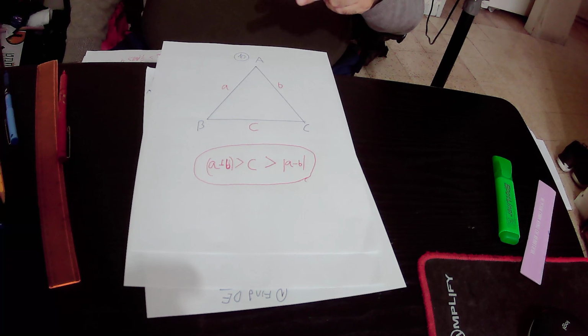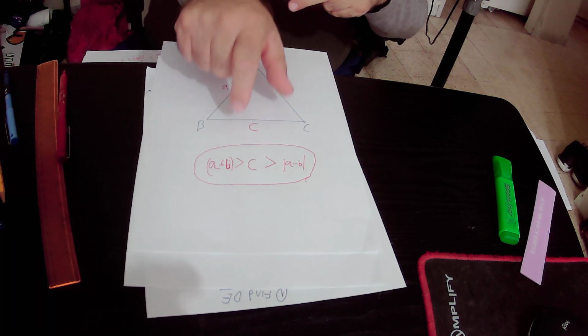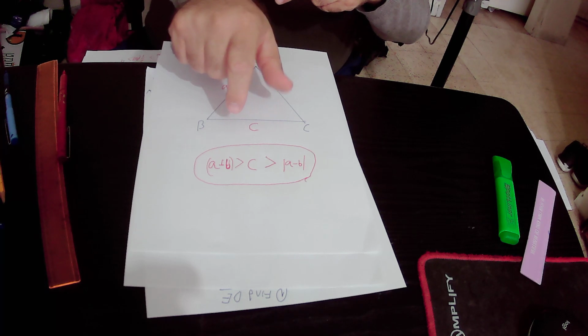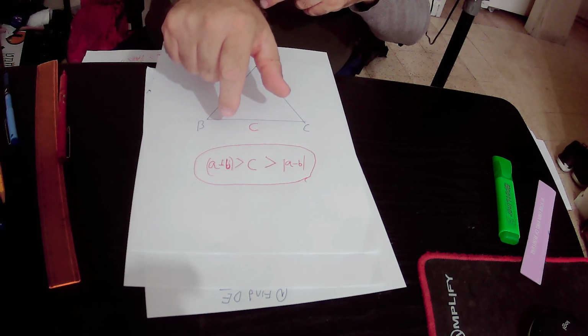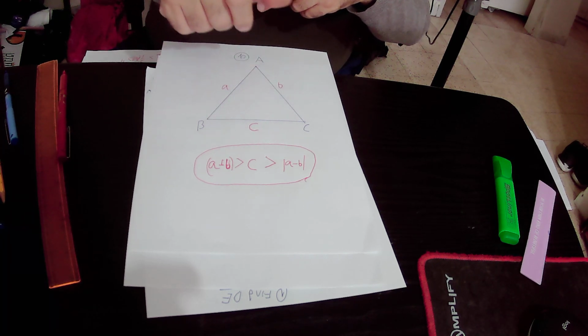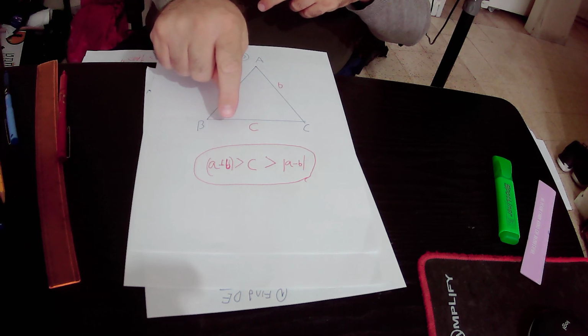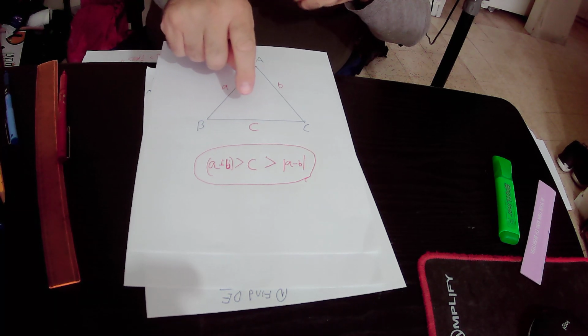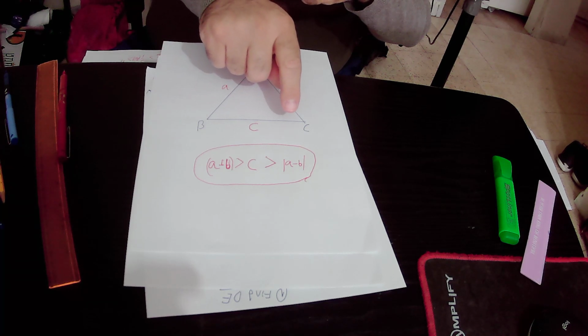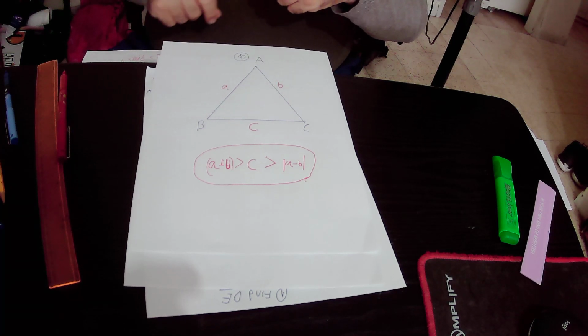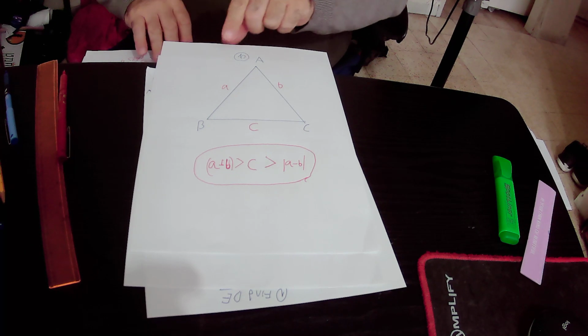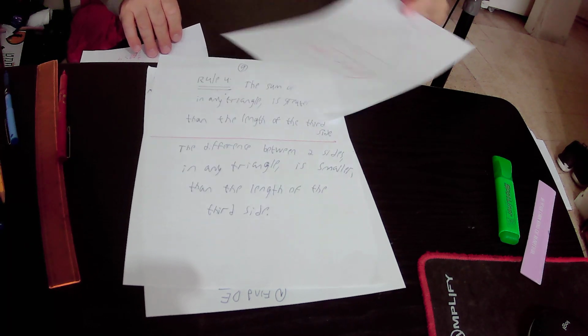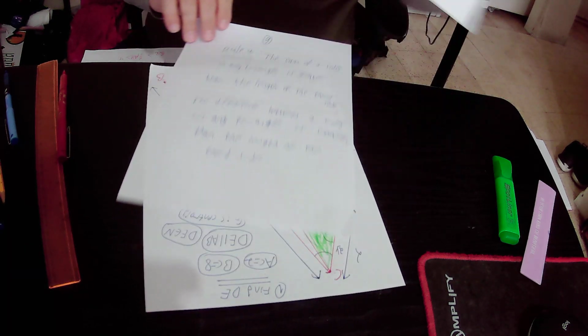So in total, we got this inequality that summarizes the two parts of rule number 4: A plus B is greater than C from one side, but the absolute value of A minus B is smaller than C. Okay, so we can implement rule number 4 in our triangle ABC.